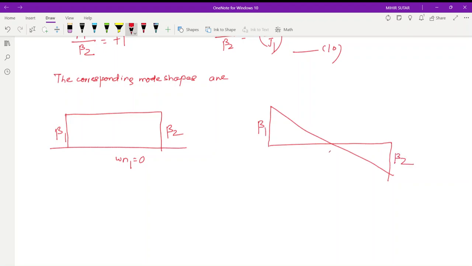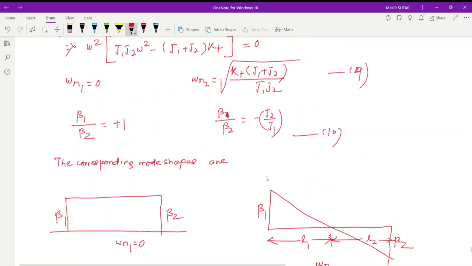This length is L1 and this length is L2. So this is for omega n2.